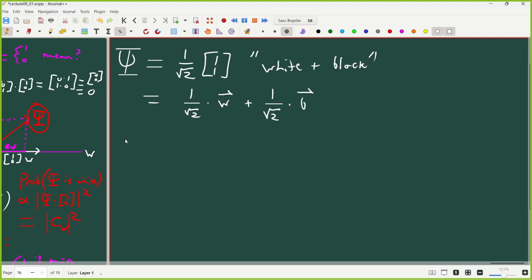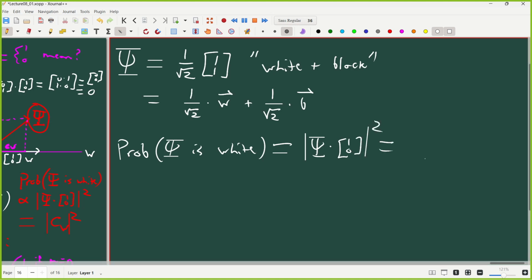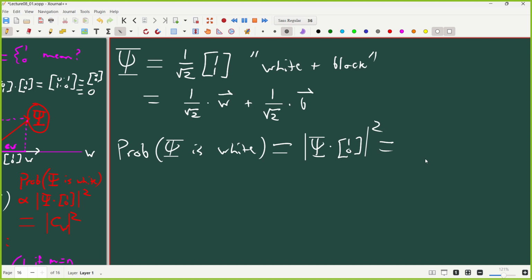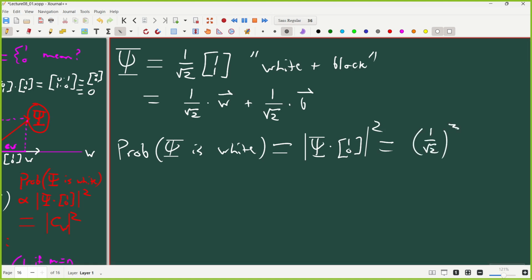Right? And what's the probability that psi is white? Well, that's going to be equal to the dot product of psi times the white vector, (1, 0), squared. But we just saw that was the coefficient on the white vector. Right? That's 1 over the square root of 2 squared, which is 1/2.